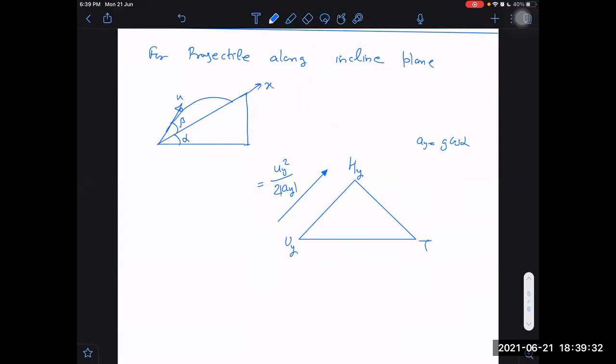This is our x-axis, this is our y-axis. For this case, what is H here? H along the y-axis. Maximum height obtained along the y-axis. It is not the actual height. Where is the maximum height? This point is the maximum height. What is it? It is just the maximum displacement along the y-axis, we can say.